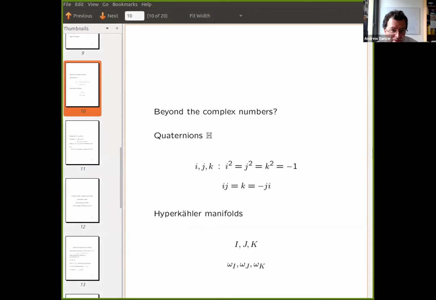So the moral of the classification, Berger and Simons and so on, is that the holonomy groups of a Riemannian manifold are very, very restricted. The generic case is the symmetric spaces, which occupy a special position in the theory.